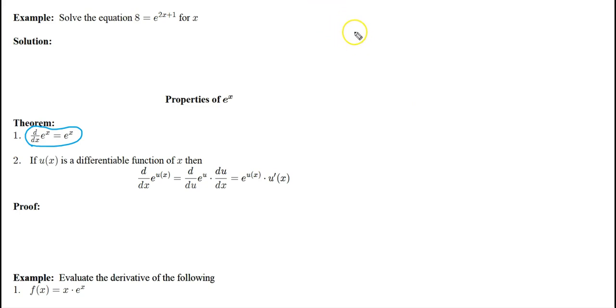So if we start out with y equaling e to the x, we want to prove that the derivative of e to the x is e to the x. Well, let's notice that we want to get that x out of the exponent to do this proof. I'm going to take the natural log of both sides. So if I take the ln of both sides, we get this.